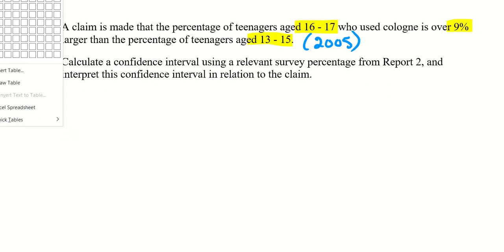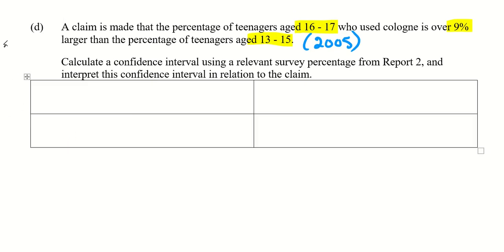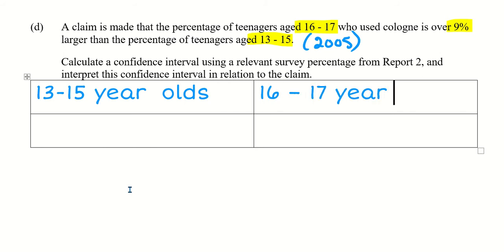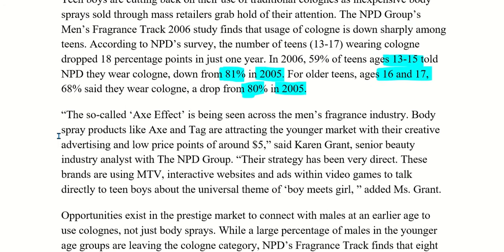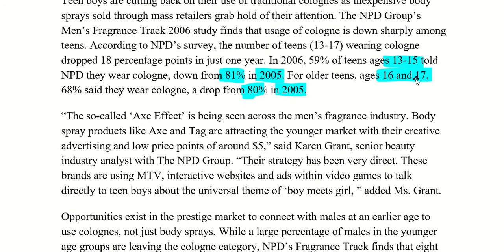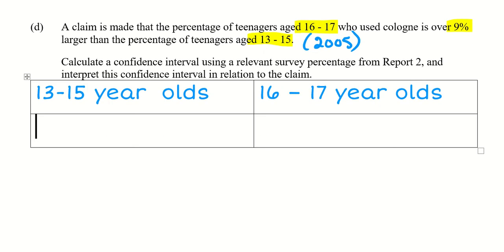And I'm just going to put a table in here first. So we want to do the 13 to 15 year olds, and we want to do the 16 to 17 year olds. And so let's have a look at what information we have. For the 13 to 15 year olds, it was a proportion of 81%.